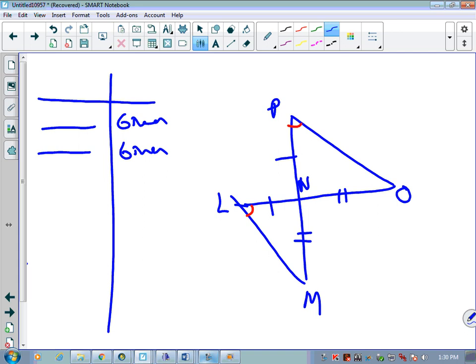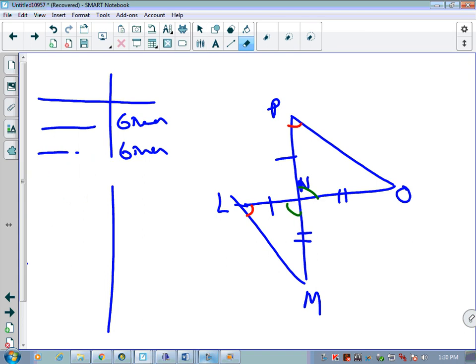The next thing you should see already is that angle, let's call it OPN, is congruent to angle, if it's OPN, then it's going to be M. Let's see, and that wasn't P to begin with, was it?